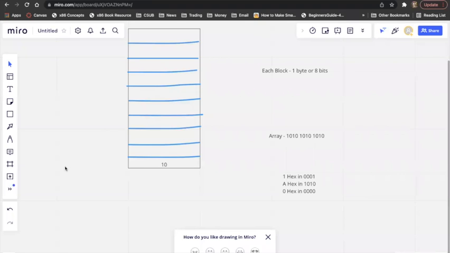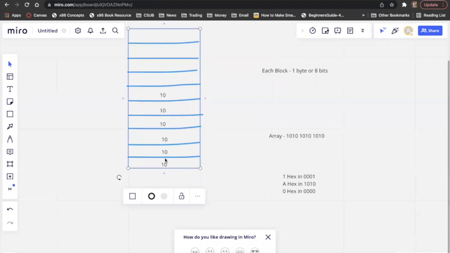Similarly, the next will be saved here, and the next will be saved here, saved here, saved here. There you go. So that's how these will be saved.